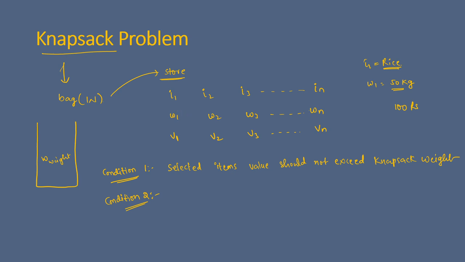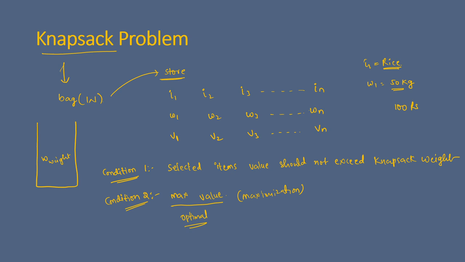If I take any other combination, that combination should not get a better value. So I should get the maximum value. This comes under a maximization problem, and what maximization value you get is the optimal solution. You never get a better solution than the solution you find using this greedy method.